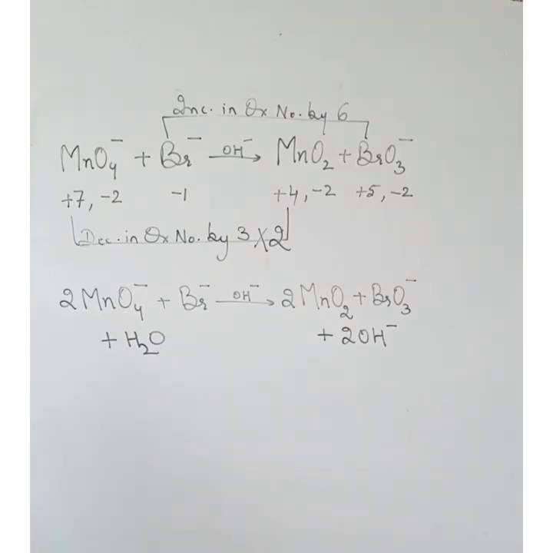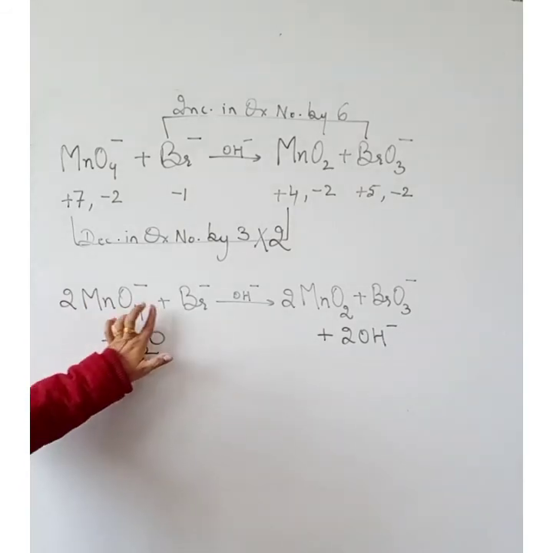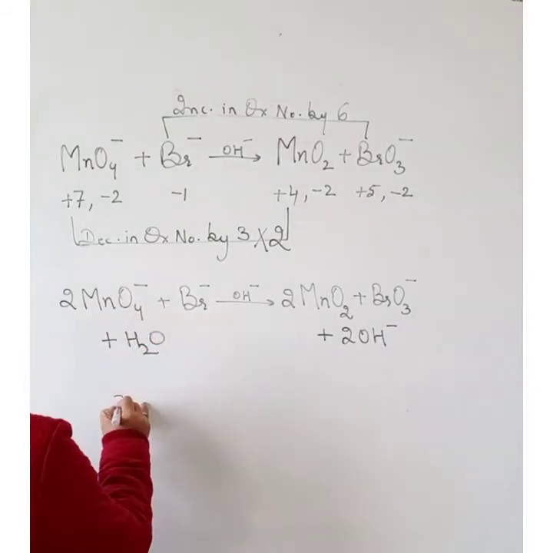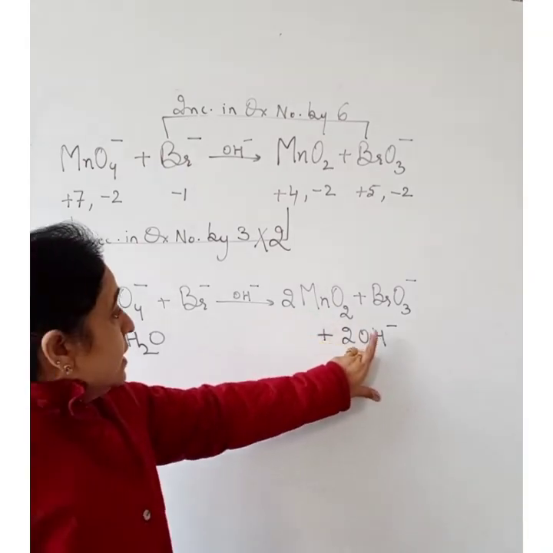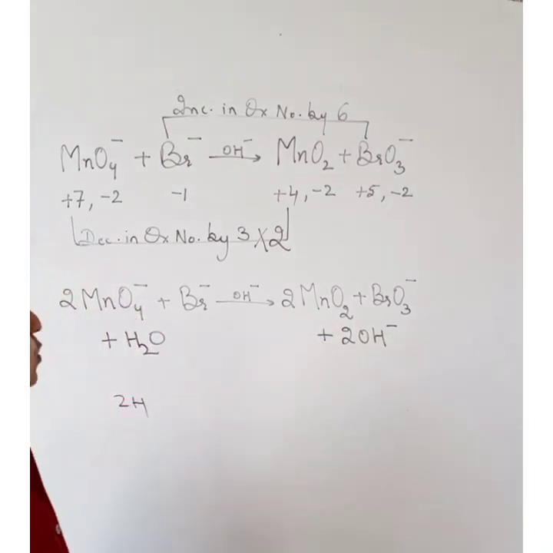Now balance hydrogen atoms. Hydrogen is affected by the medium. So in basic medium, hydrogen is balanced by adding water molecules on the deficient side and the same number of OH minus on the other side. So now let me check. 2 hydrogen on this side and on this side again I am having 2 hydrogen.